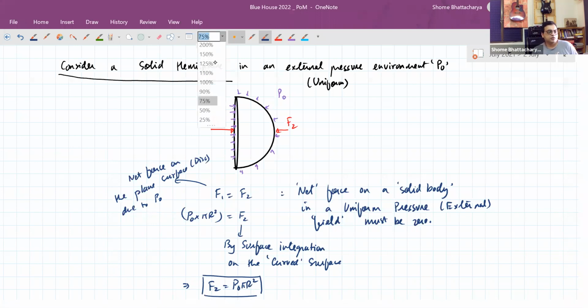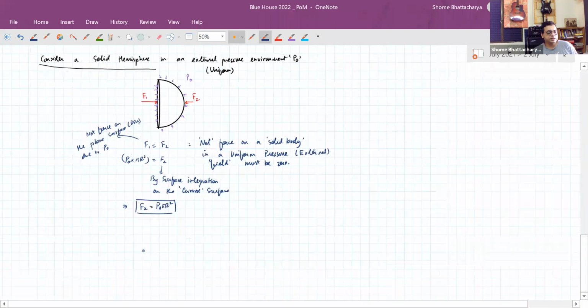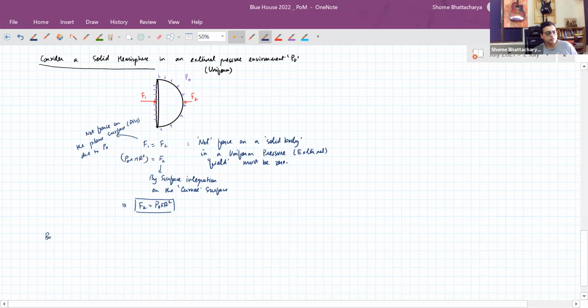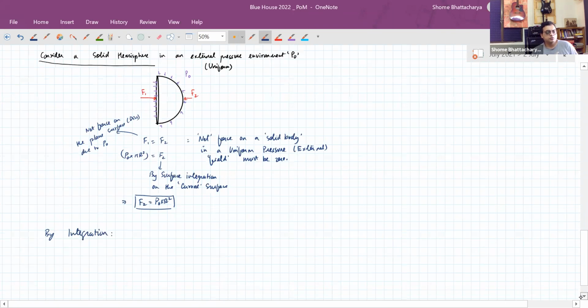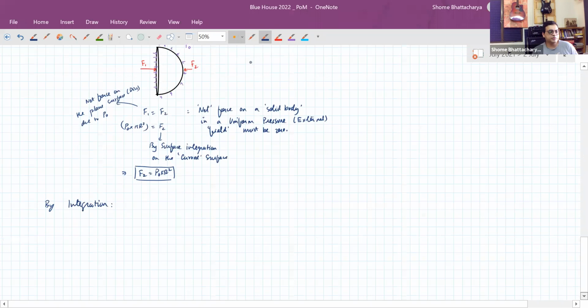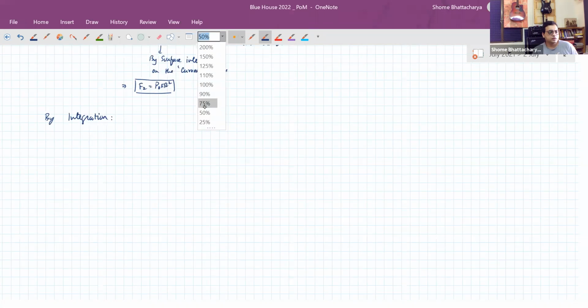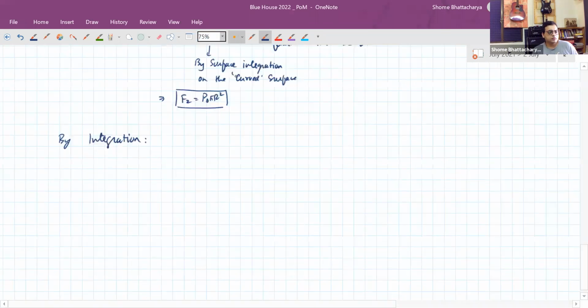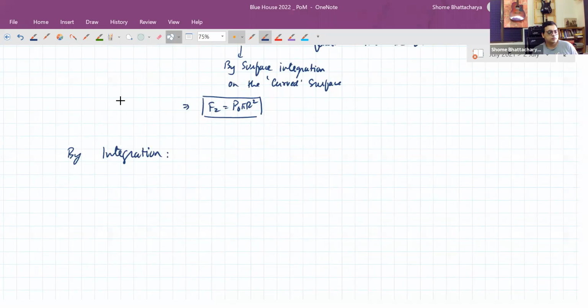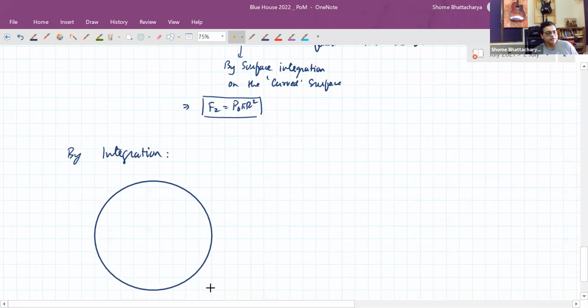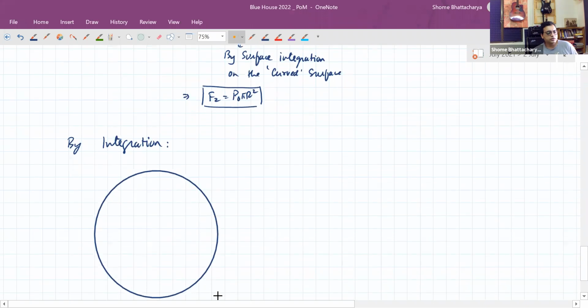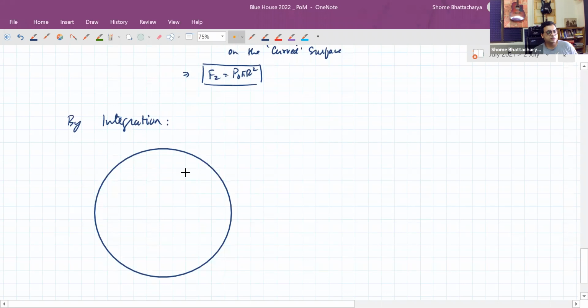On the other hand, we can also understand it by integration. This is a good exercise in integration also. So we'll come back to this. Let's understand it by integration also first. By integration, we'll have to divide that hemispherical surface into rings.